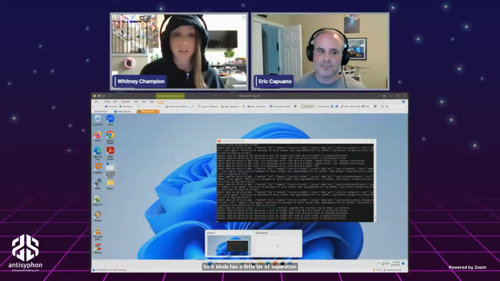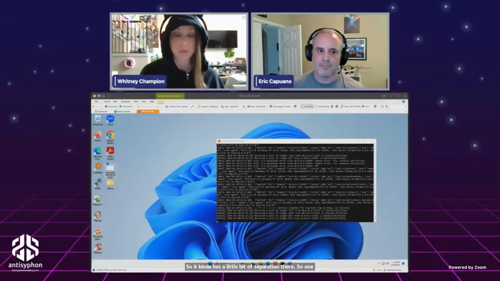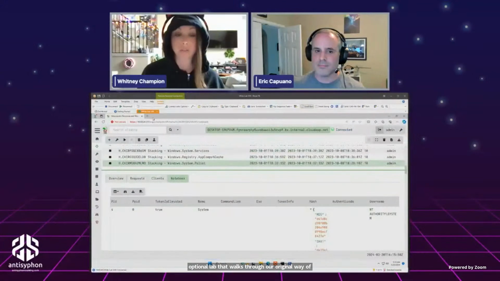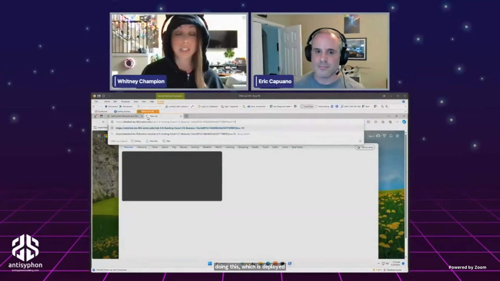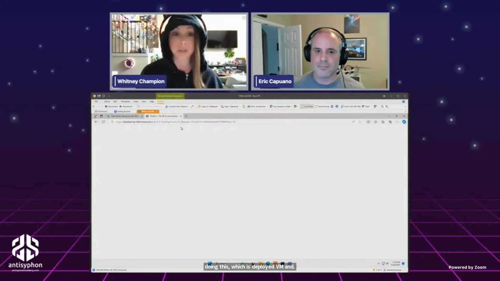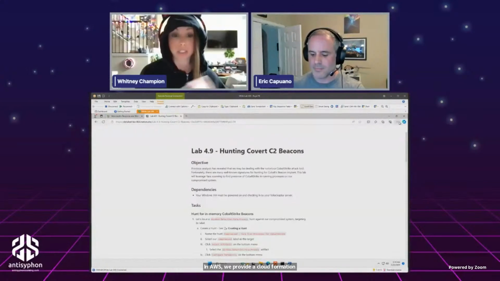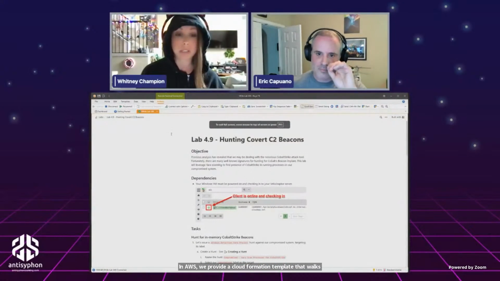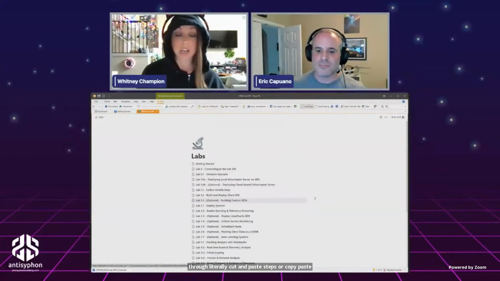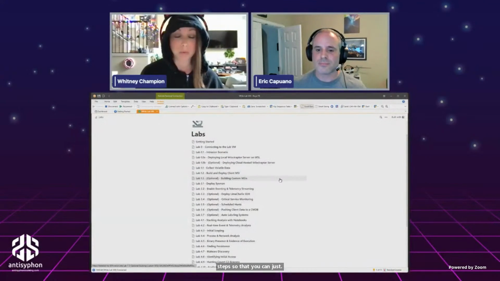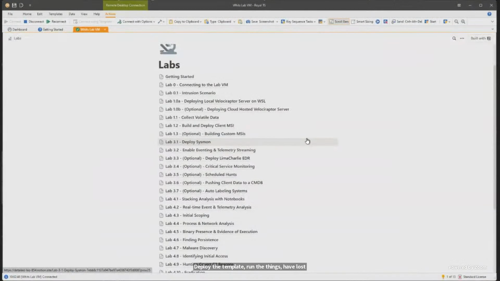So one of the things that we did in the lab is we provided an optional lab that walks through our original way of doing this, which is to deploy a VM in AWS. We provide a CloudFormation template with literally copy-paste steps, so you can just deploy the template, run the commands, have Velociraptor up and running, and then deploy your endpoint agents as needed.